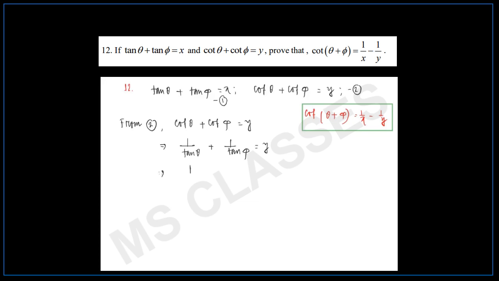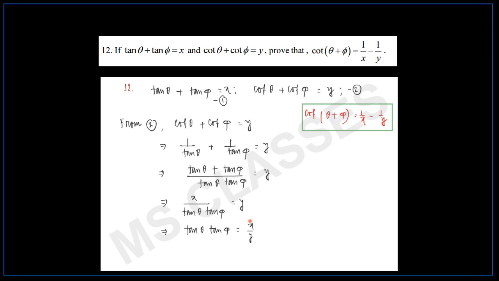Now from this, tan theta plus tan phi divided by tan theta tan phi equal to y. Now tan theta plus tan phi is given as x from equation 1. We can use that value. So x by tan theta tan phi equal to y, so tan theta tan phi equal to x by y.